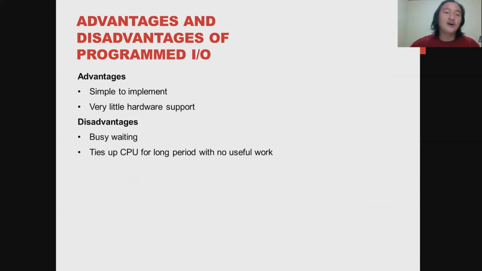The advantages of programmed input-output are that it is very simple to implement and needs very little hardware support. The disadvantages are busy waiting, and it ties up the CPU for long periods of time with no useful work.